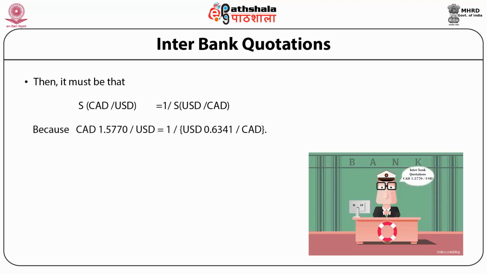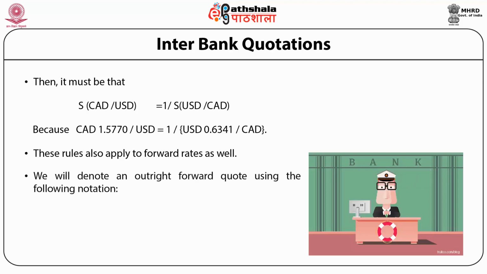Because Canadian dollar 1.577 per US dollar is equal to 1 divided by the rate 0.6341 US dollars per Canadian dollar. These rules also apply to forward rates as well. We will denote an outright forward quote using the following notations.